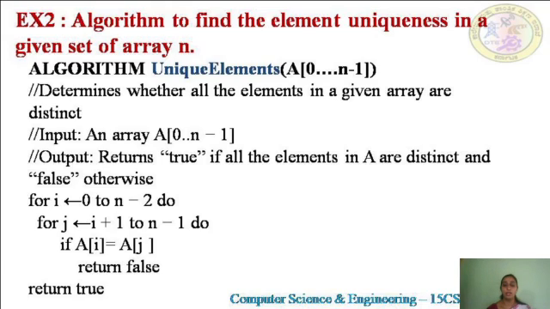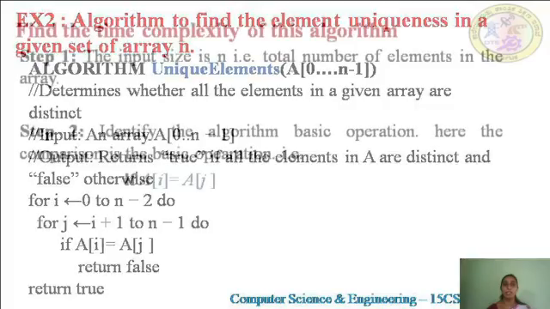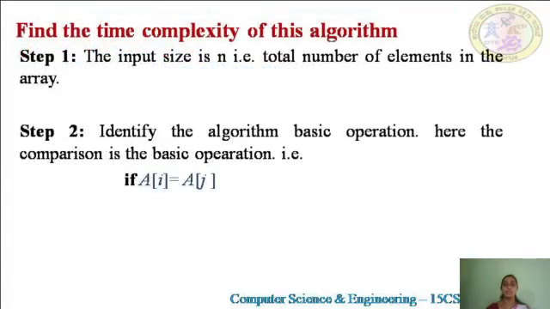This is the algorithm. Now we can find the time efficiency for this algorithm. So by applying the general plan, in the first step we identify the input. Here the input size is n, that is the total number of array elements. In step 2, we identify the basic operation, that is the comparison operation.